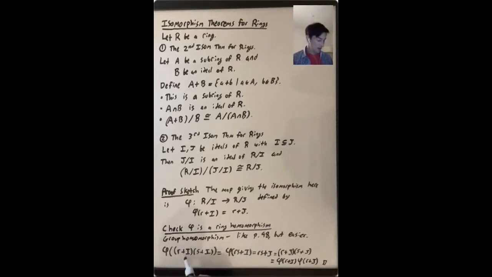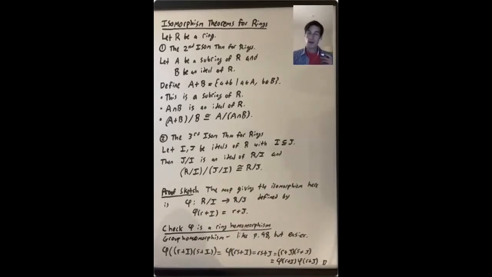So phi of r plus I times s plus I, by the definition of the product in this ring, R mod I, is phi of rs plus I. By the definition of phi, this is rs plus J, which is r plus J times s plus J, by the definition of multiplication in R mod J. And that is phi of r plus I times phi of s plus I. So I'm not giving a fully detailed proof here, but this is the big idea.